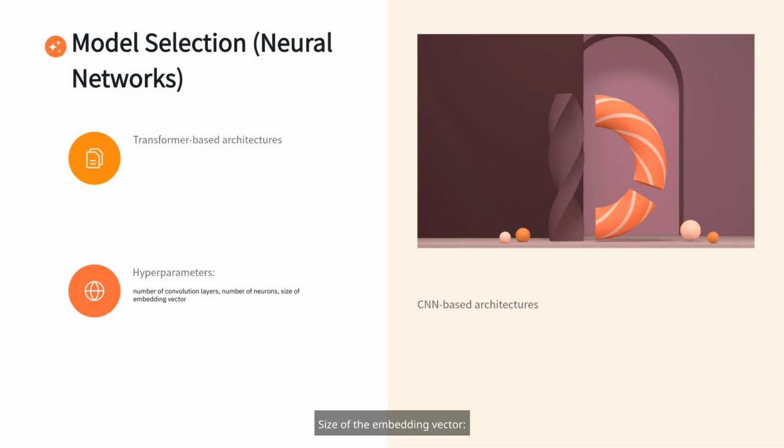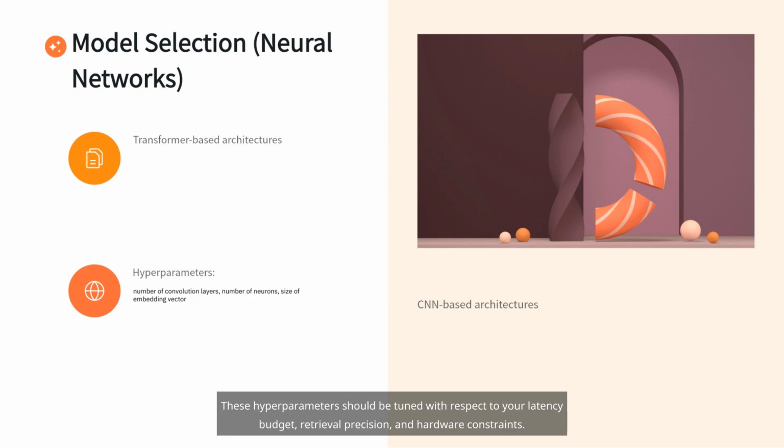Size of the embedding vector. The embedding is the final output used for comparing images. Typical sizes range from 128 to 512 dimensions. Higher dimensional embeddings may capture more nuance, but can also increase storage and slow down similarity search, e.g., in FAISS or ANN indices.